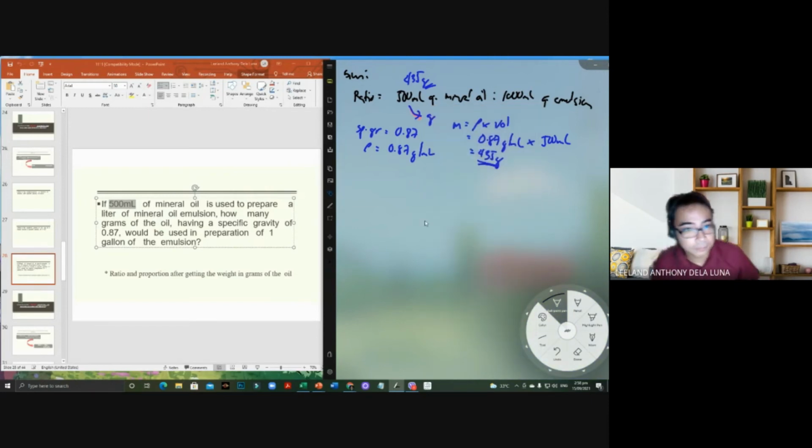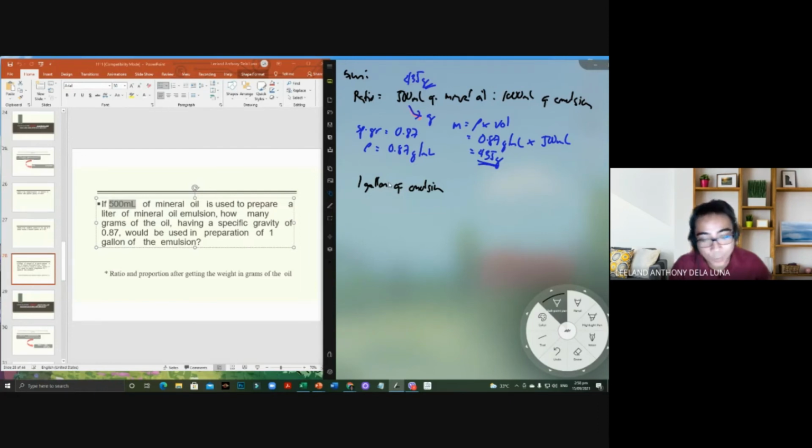Okay. So now class, ang tanong dito is, how much of the mineral oil do I need to create 1 gallon of an emulsion? So now class, I need 1 gallon of emulsion. Since ang given ko ito class is in ml, obviously, I need to convert my 1 gallon into ml.